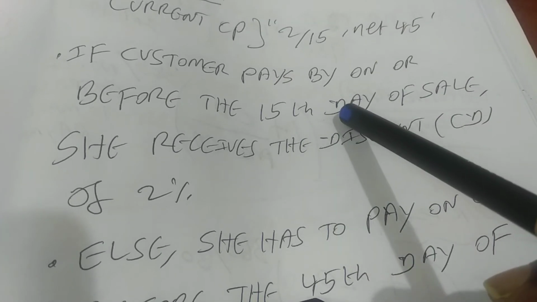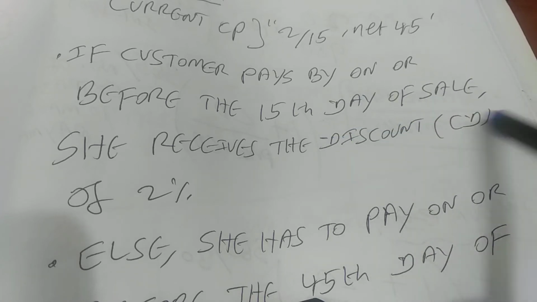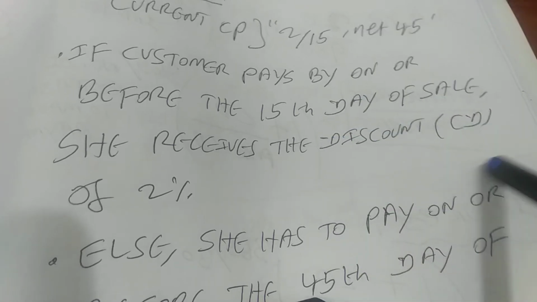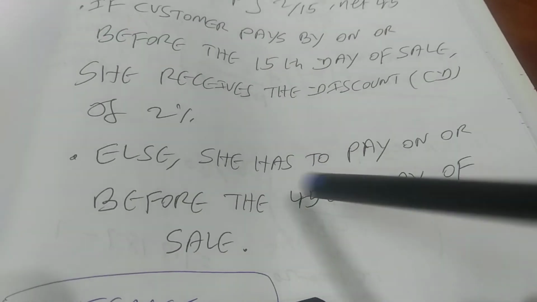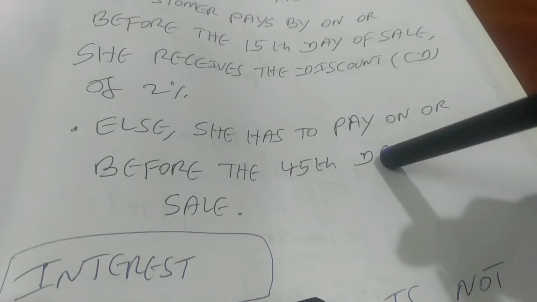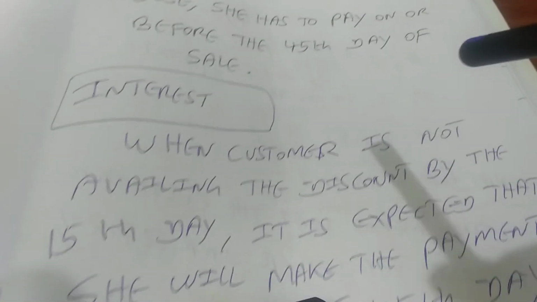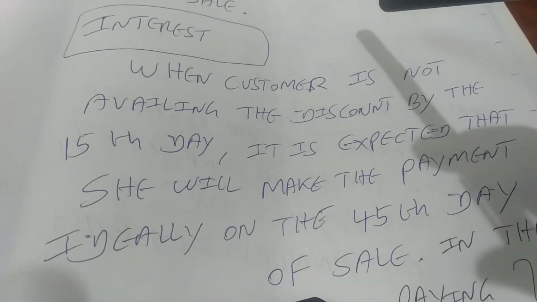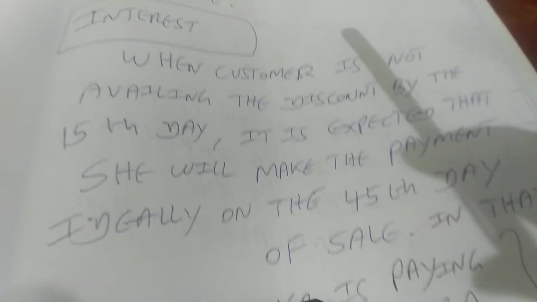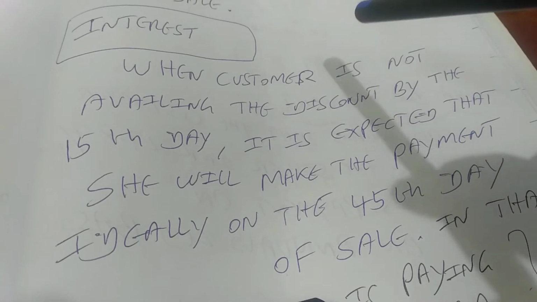Suppose if the customer pays on or before the 15th day of sale, then she receives the discount of 2%. Else she has to make the payment on or before the 45th day of sale. Okay. So that means now the seller will prefer to receive his payment on or before the 15th day, because every day you have a loss of interest income, right?